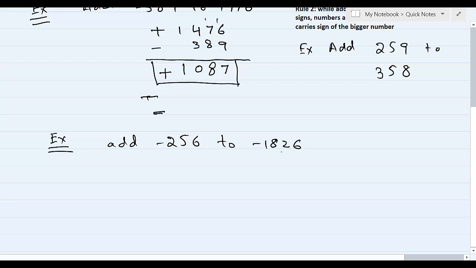Because both numbers are negative, we are going to write down both of the numbers with their signs, 1826, and the other with the same sign, 256.